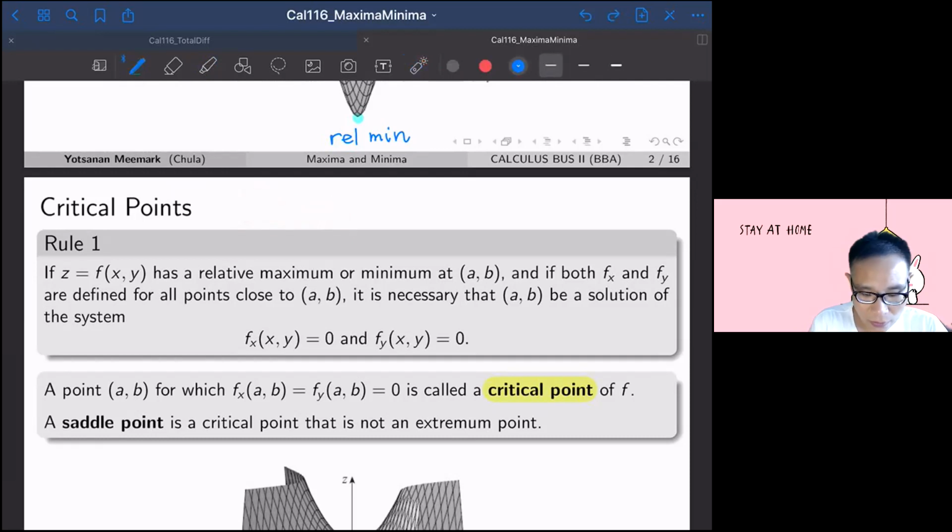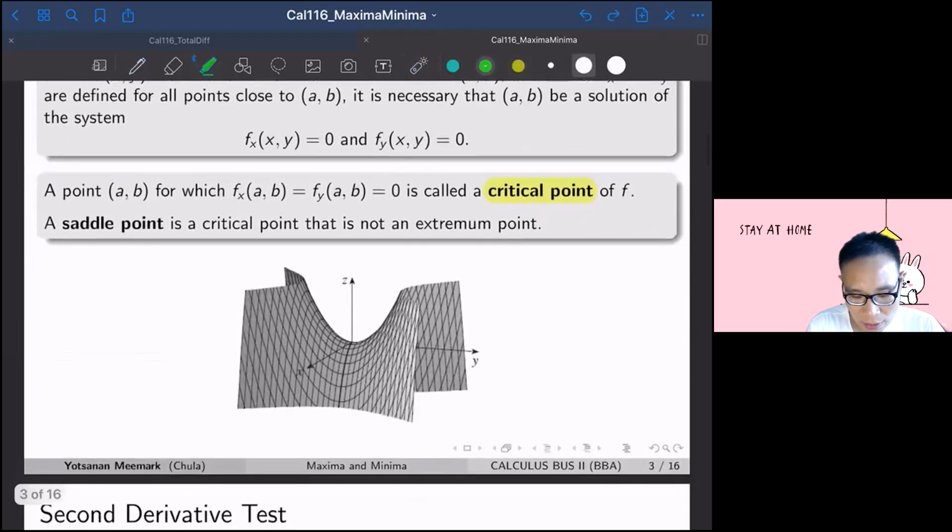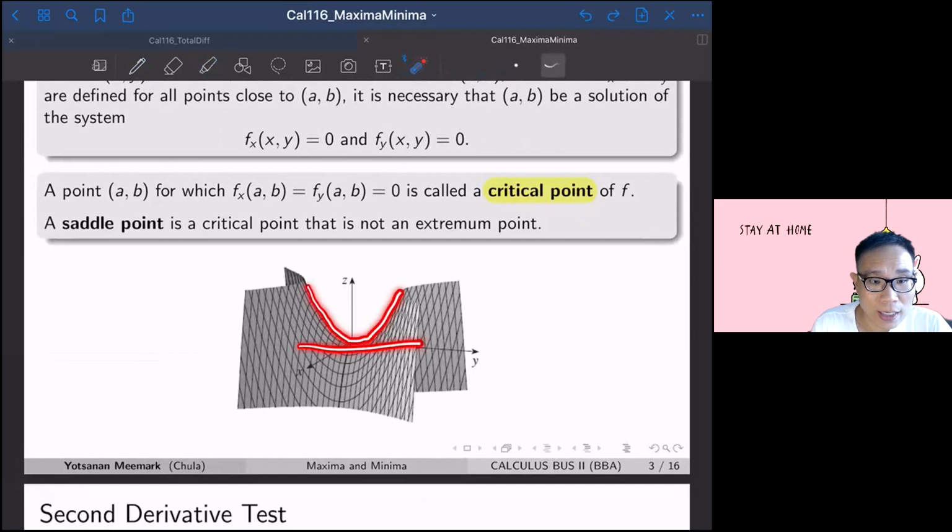Now we're going to talk about a saddle point. A saddle point is the point you see here, where the partial derivative with respect to y equals 0 and the partial derivative with respect to x is also equal to 0. So this is a critical point.